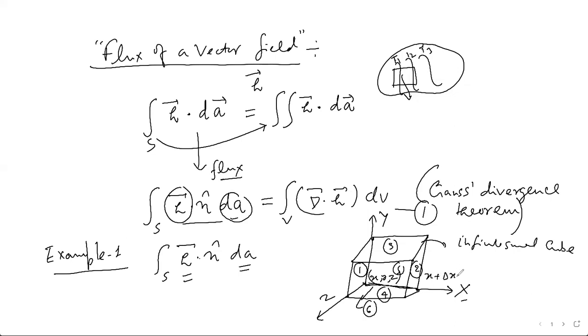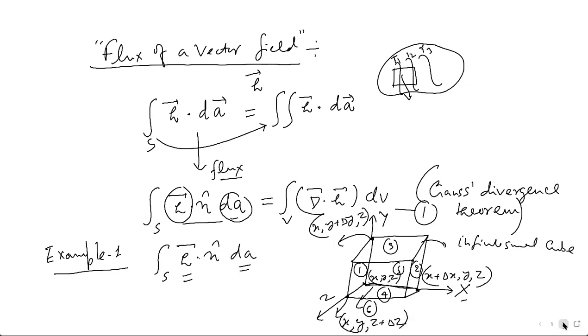That means this point is x plus delta x, y, z. And the coordinate of this point is x, y plus delta y, z. And the coordinate of this point is x, y, z plus delta z. Perfect.